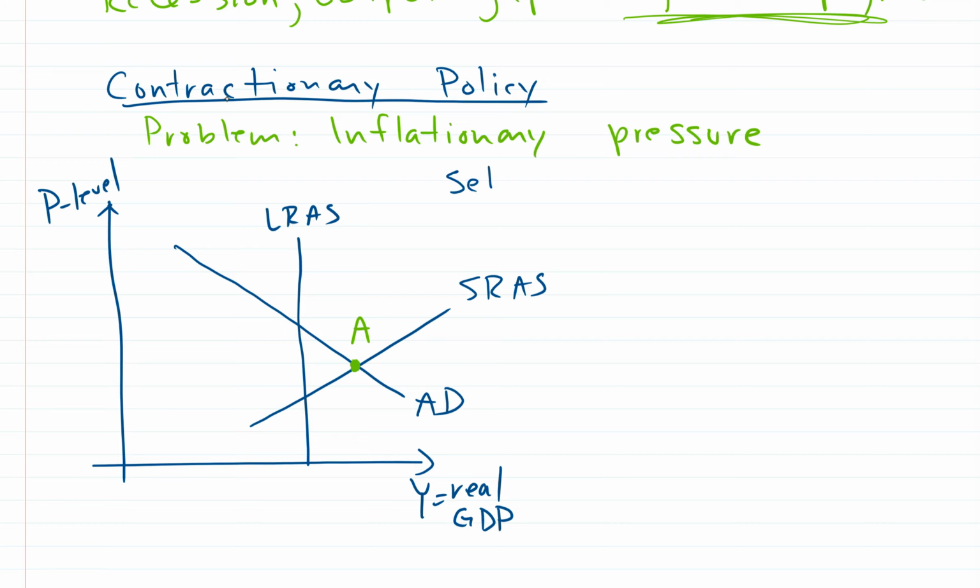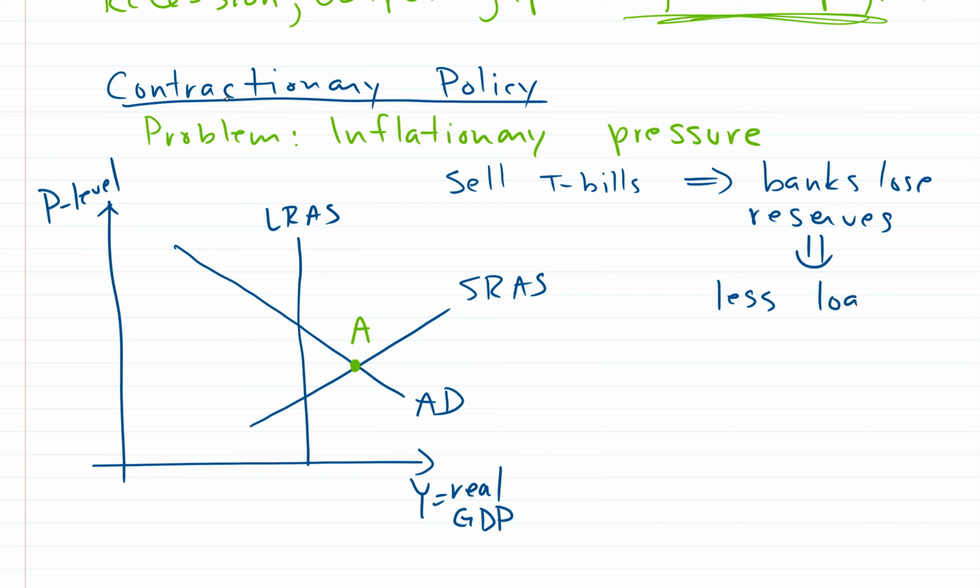So in this case, they're going to sell the T-bills. Okay, and the banks lose reserves. And so as the banks lose reserves, they make fewer loans, as we saw. So I'm writing this again. I know it's kind of redundant, but it helps you to remember, and also it connects to what's going on here.